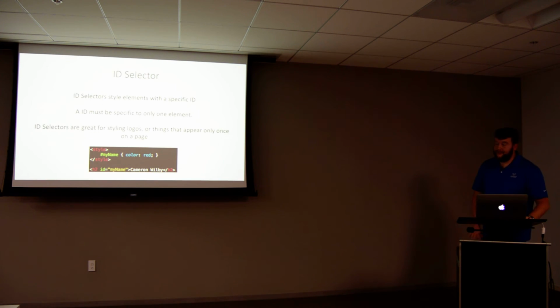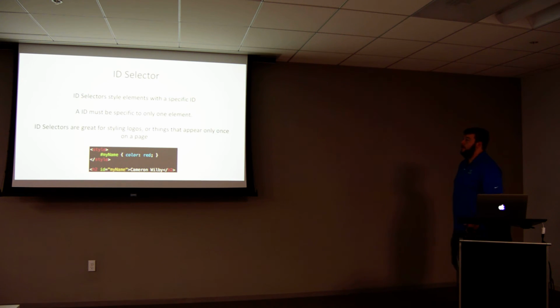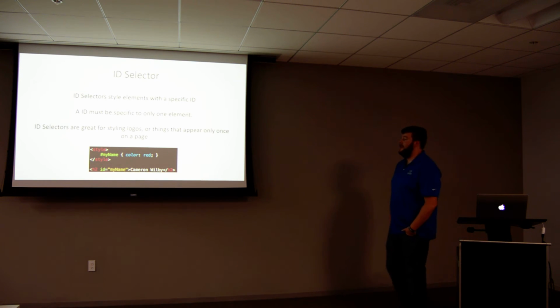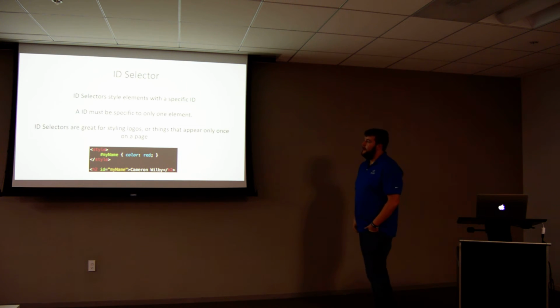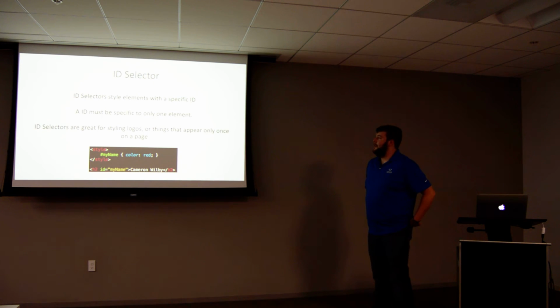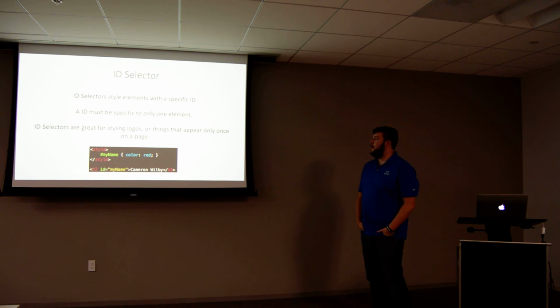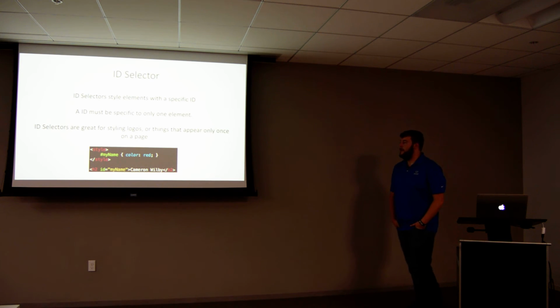Next one is an ID selector. This is an inline style sheet, excuse me, where I have my style, then a CSS rule, and then some HTML. ID selectors style elements with a specific ID. An ID must be specific to only one element. It's great for styling logos, or things that appear only once on a page.